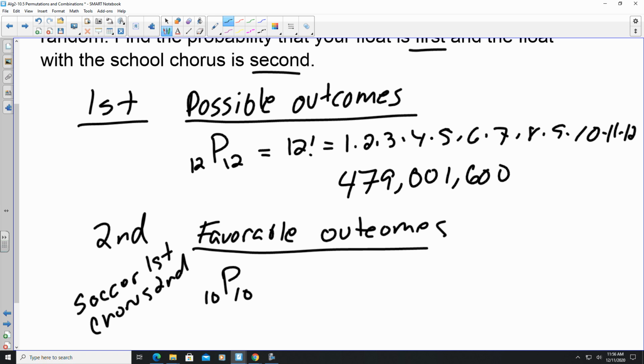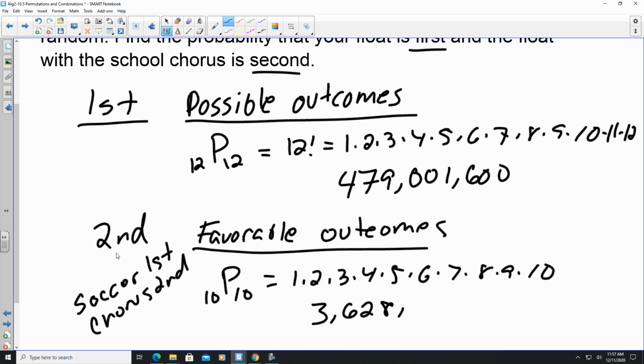Let's see what happens with the other 10 floats. It's going to be 1 times 2 times 3 times 4 times 5 times 6 times 7 times 8 times 9 times 10. When you multiply all those together, we get 3,628,800 favorable outcomes.